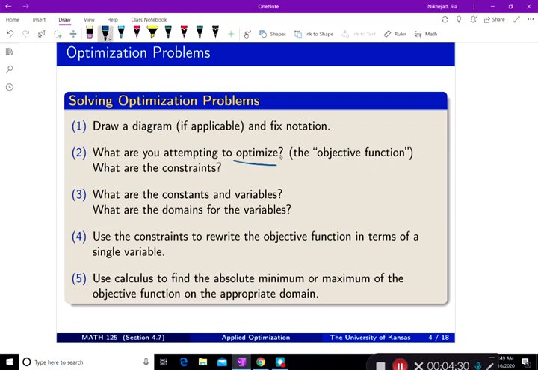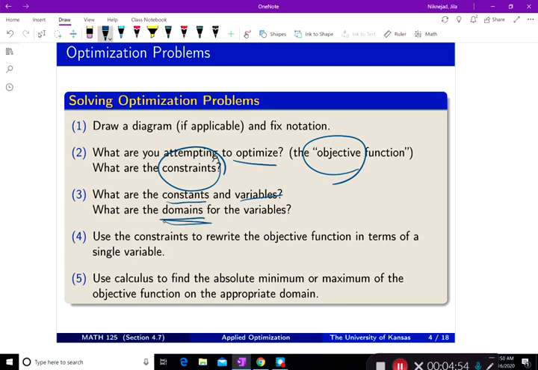That's important. That's called the objective function. And what are your constraints? Whatever you're optimizing, you have a certain set of resources, and that causes a constraint. And so you want to find that constraint. And then you want to find what are the constants and the variables of the function. What is the domain?